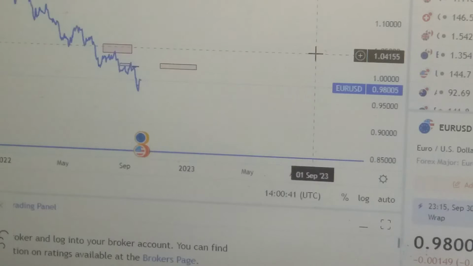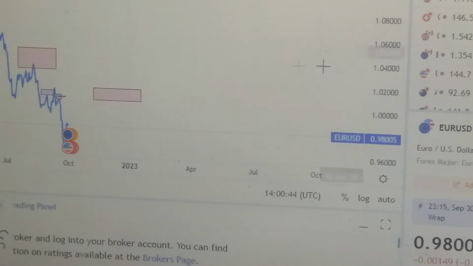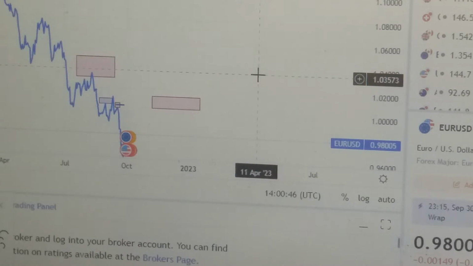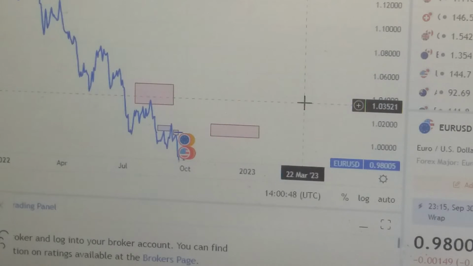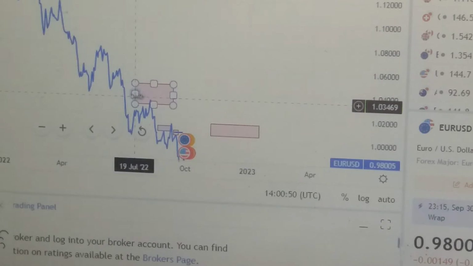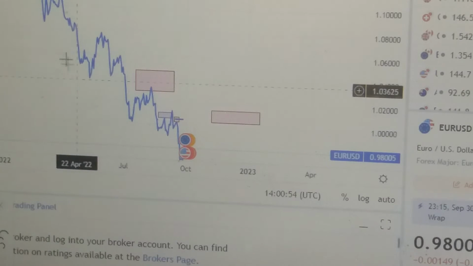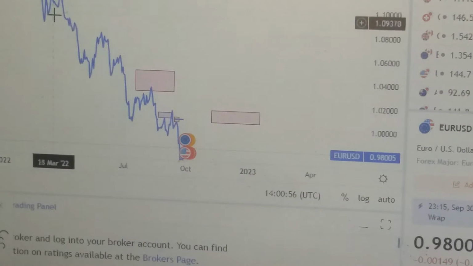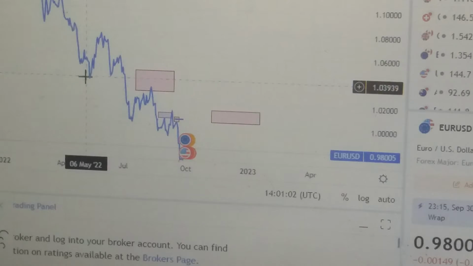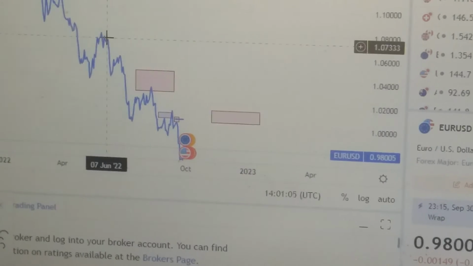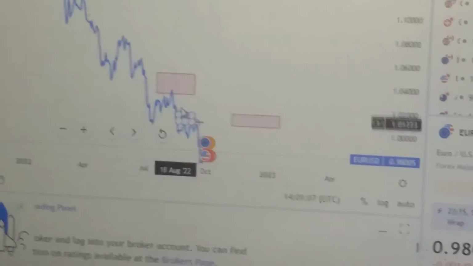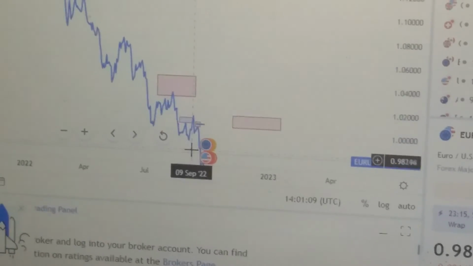You can see how the market is going: break, correction, impulse. So you can see that the market is going down. This is your impulse, this is your correction move, your impulse move, your correction move, and your impulse move again.